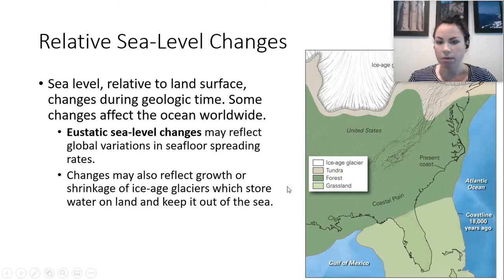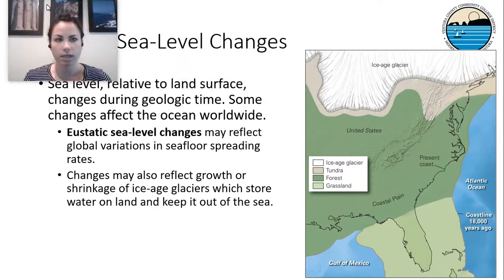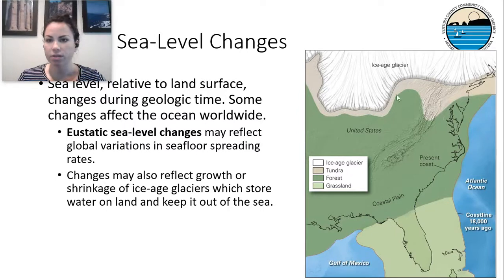So here's an example of the United States, and here are some glaciers in the Canadian area, further North America, and this represents the forest, and down here we have grassland. We can see that what once was the coastline 18,000 years ago or so has now retreated quite a bit back to present day.